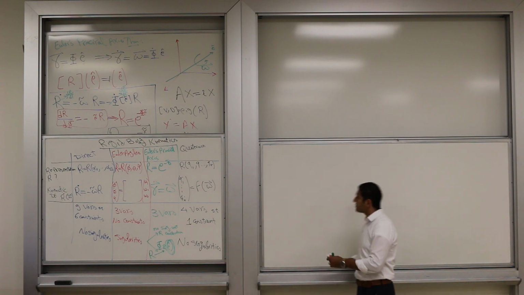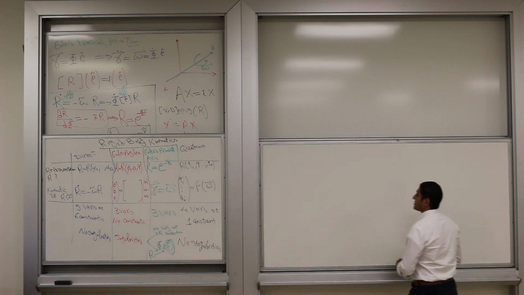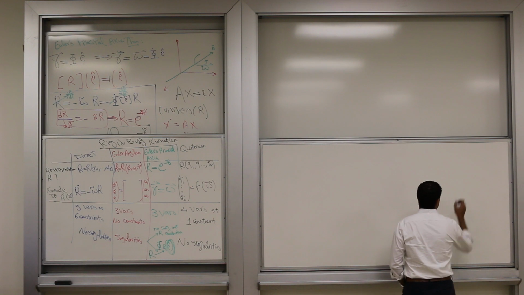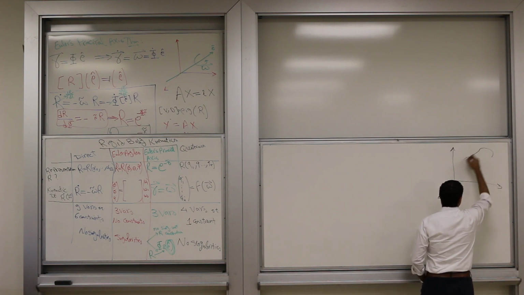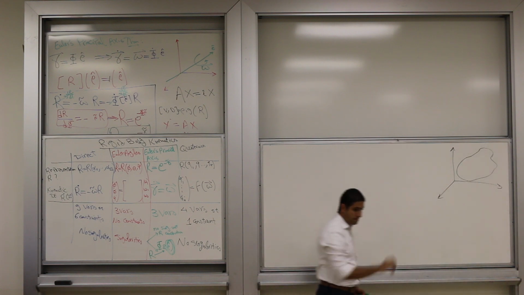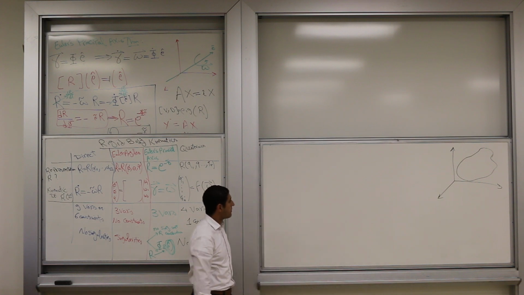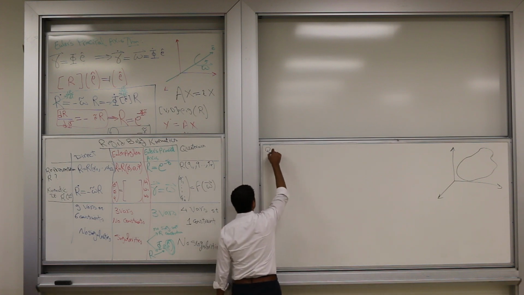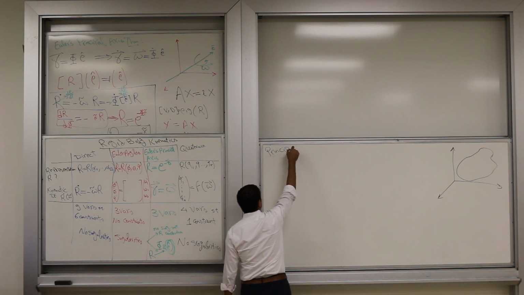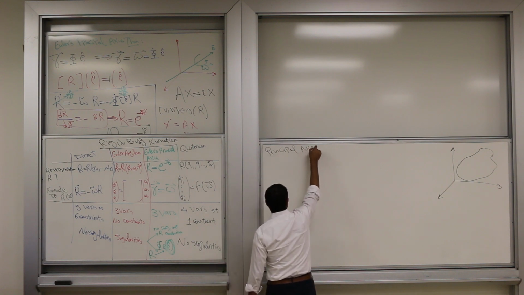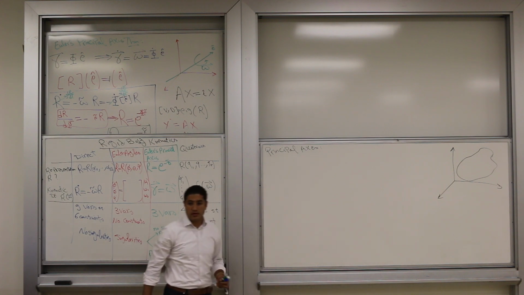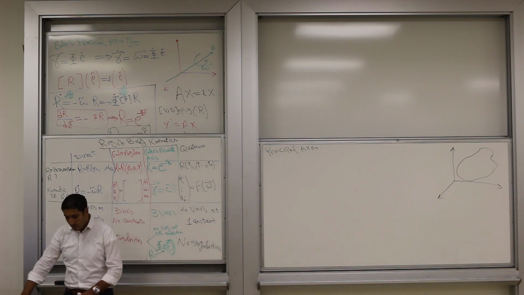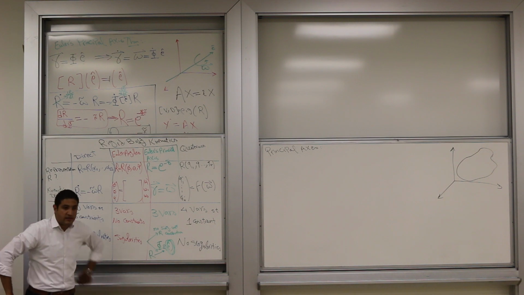Okay, let's talk about principal axes of rigid body. So when you have a rigid body, you know the ability to oppose motion.